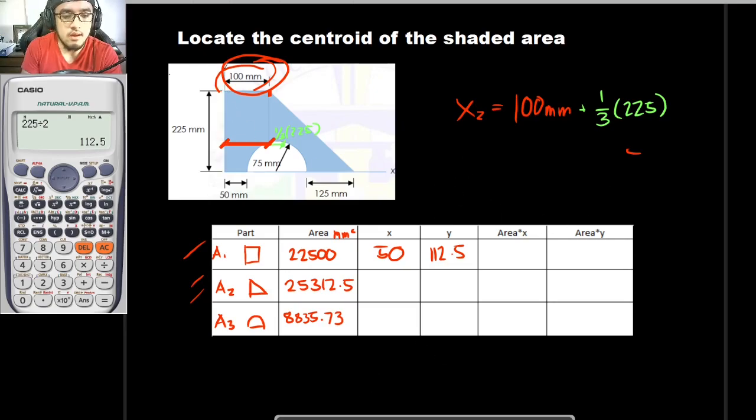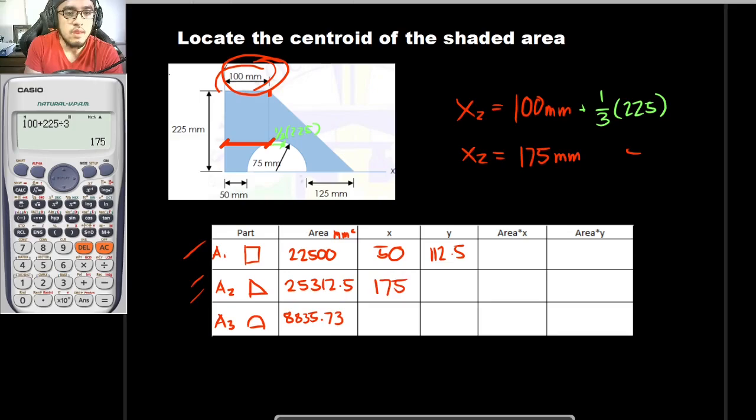So from that, our x sub 2 is now equal to 100 plus 225 divided by 3, and that is equal to 175 mm.